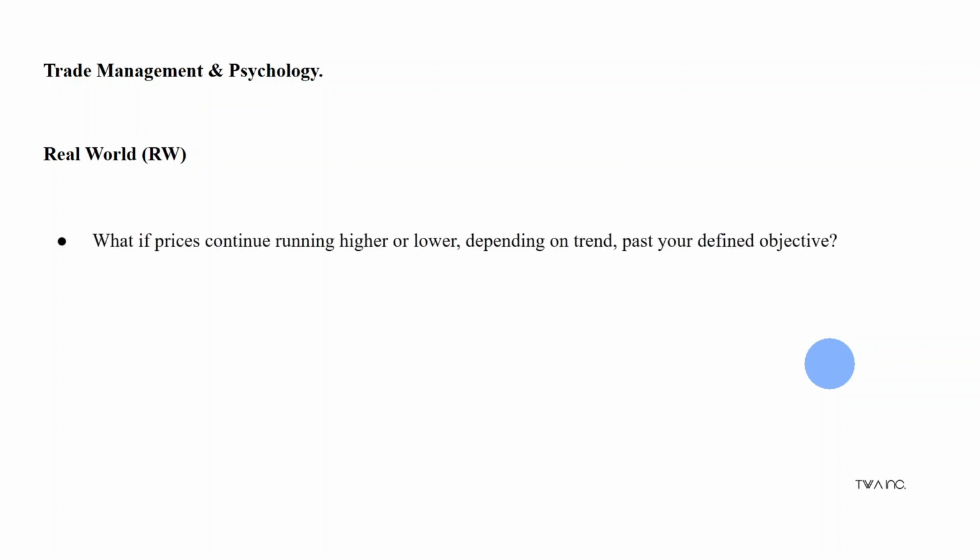Now we're still discussing the real world, because this is the final portion of the commentary, the presentation, talking about psychology, trade management, and so on. So what if prices continue running higher or lower, depending on trend, past your defined objective? Like I said prior, what comes first is what the higher time frame order flow is, right? When you take a trade, having defined your weekly bias, the markets can always go beyond our expectations, but there are other key factors you want to be looking at.